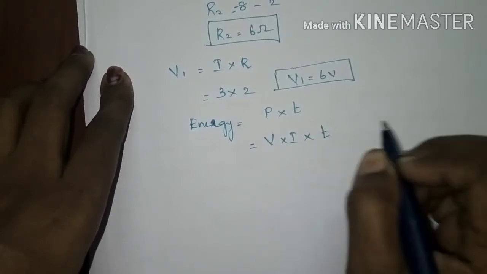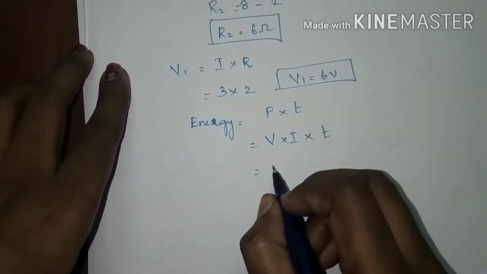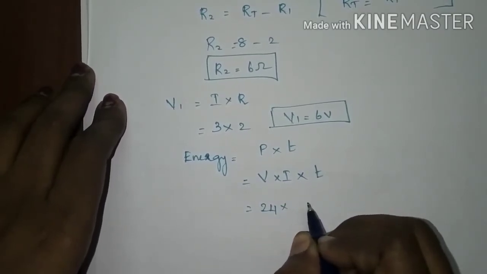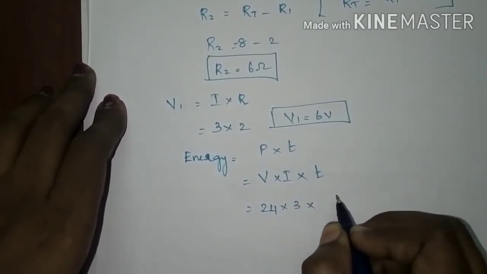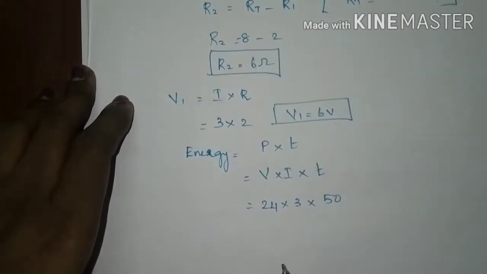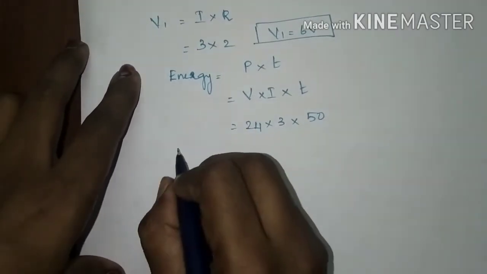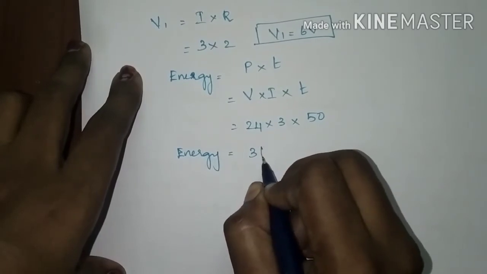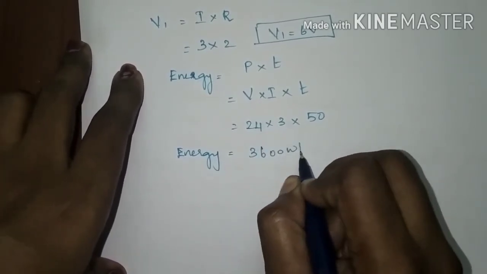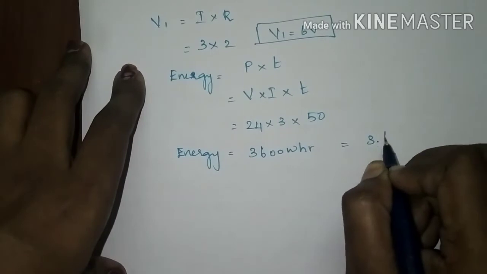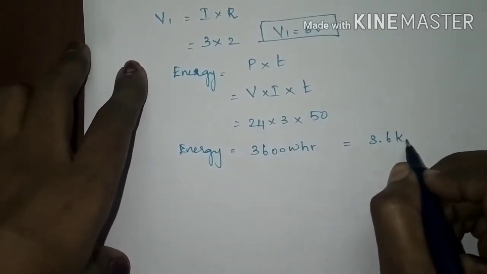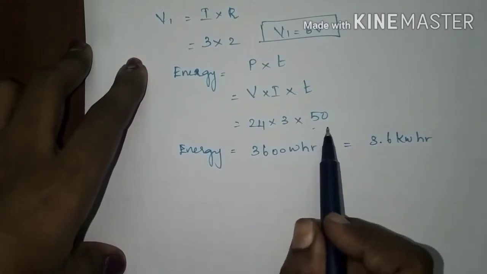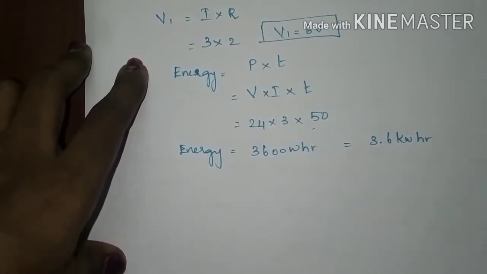The total supplied voltage is 24 and the total supplied current is 3 ampere, supplied for 50 hours. So the energy value is 3600 watt hour, or 3.6 kilowatt hour. Simple. Energy supplied for 50 hours is 3.6 kilowatt hour.